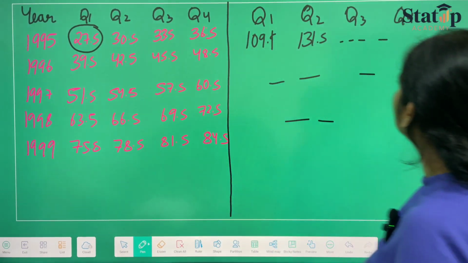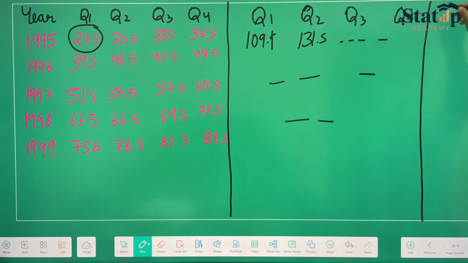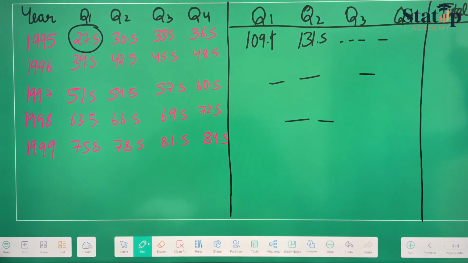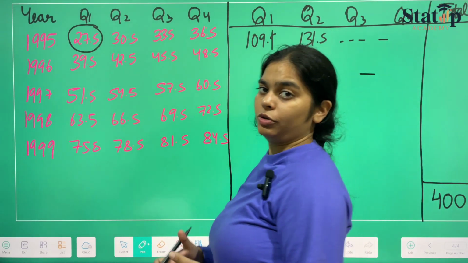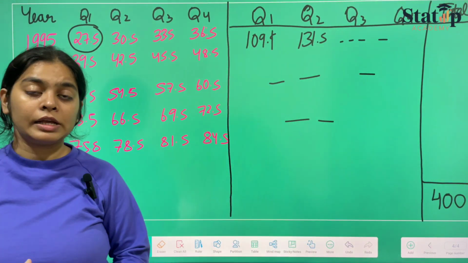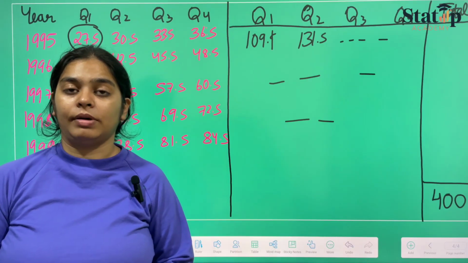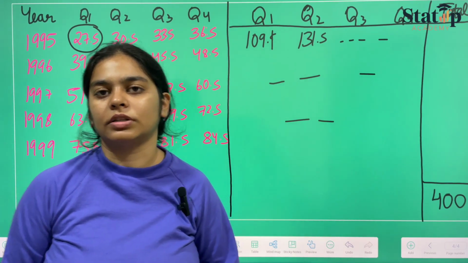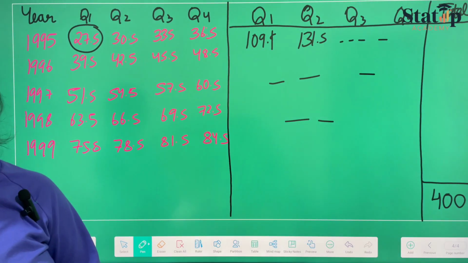Then you will calculate the total of these quarters, the total of these average values, and the sum of these averages should be equal to 400 because we are taking quarterly data. In the previous question we took yearly data, so the total was coming out to be 1200.